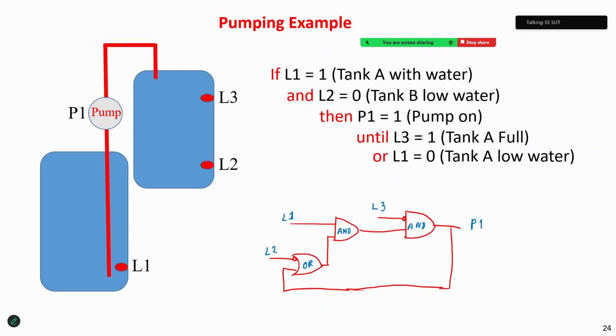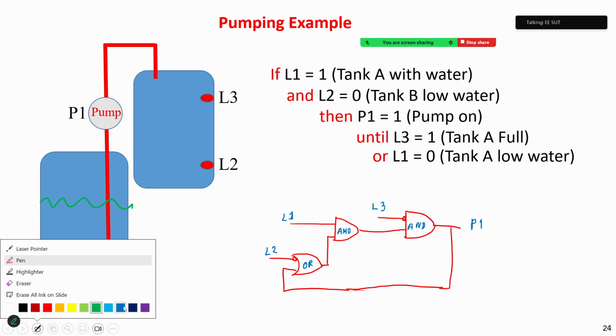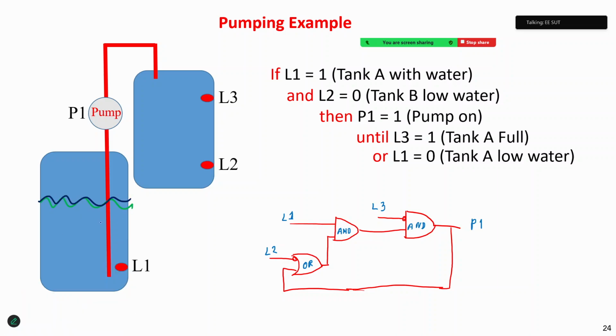But also, here is an example of a pumping system. The pump will pump water from the lower tank to the upper tank. If the water fills up to level L3, the pump will be stopped. If this sensor sends a signal, the pump will stop.